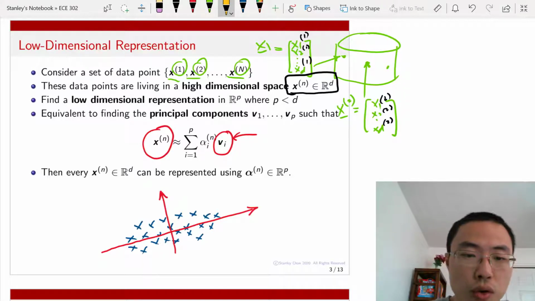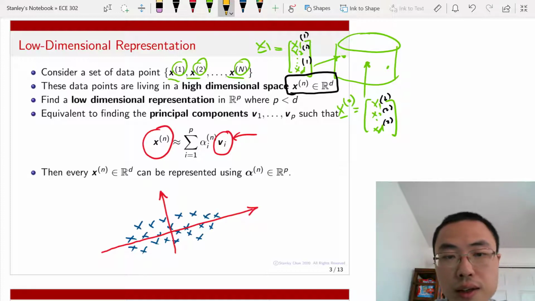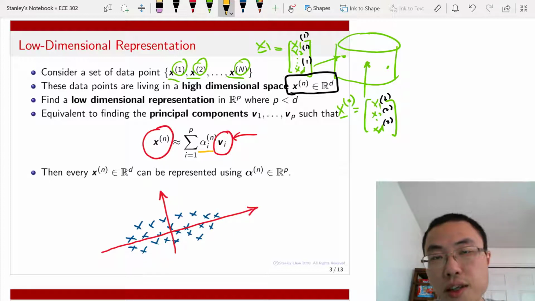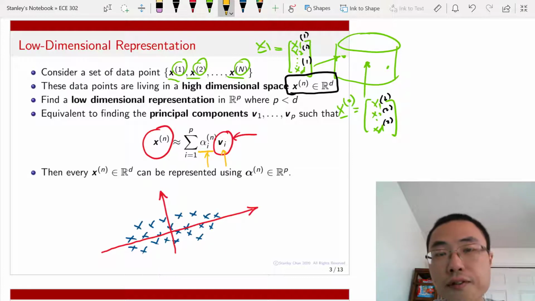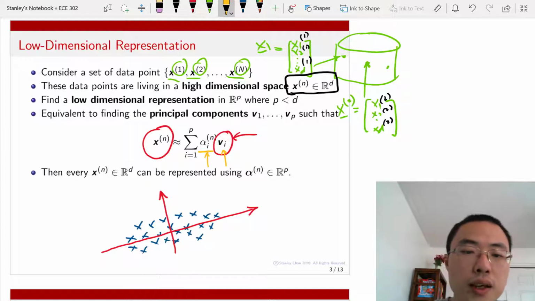Then what do you do? Well, you go back to this equation here. For every v_i, you multiply a constant. It is a scalar, alpha_i. So for the ith basis vector, you have the ith scalar coefficient that goes with v_i. And then you take the sum of everyone.